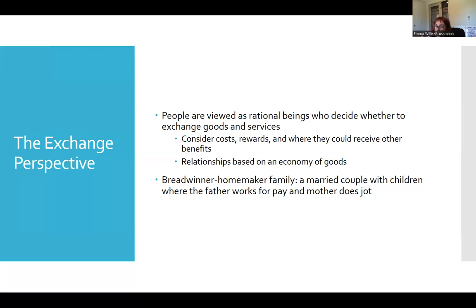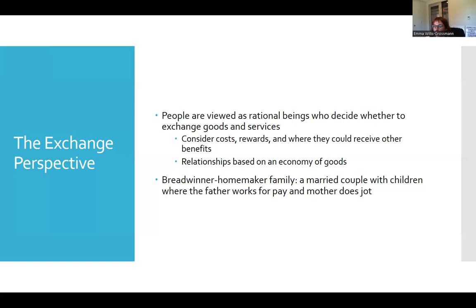So costs in a relationship could be considered your partner not knowing how to cook, or they're kind of a slob and they don't really pick up after themselves. So as a result, you may need to clean a little bit more, or you may need to cook more often. Rewards that your partner could bring to the relationship is their social status or social network, which may benefit you, or their house that's been paid off, which is also a huge benefit.